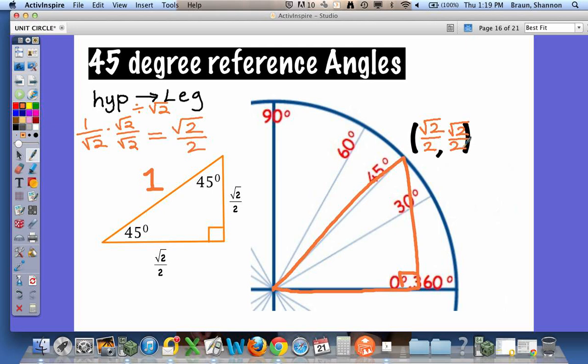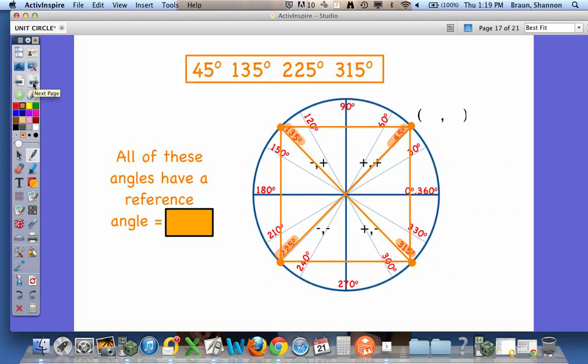So again, all of those increments of 45 degrees, or reference angles of 45 degrees, are going to have x and y coordinates of radical 2 over 2, just the variance in the positive or negative. So all of these are reference angles of 45 degrees.